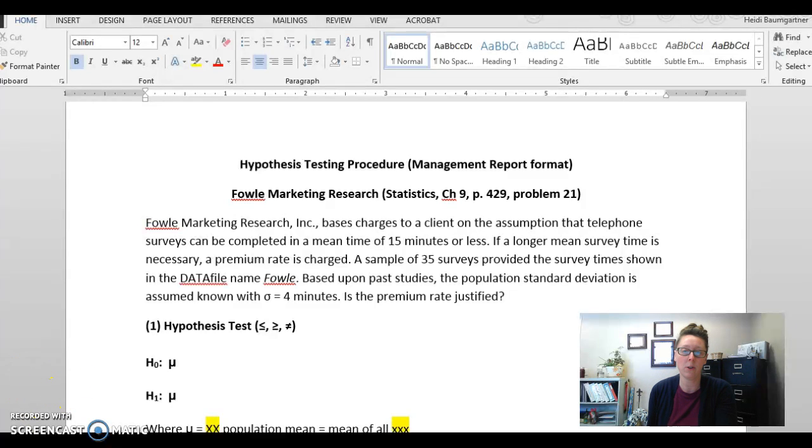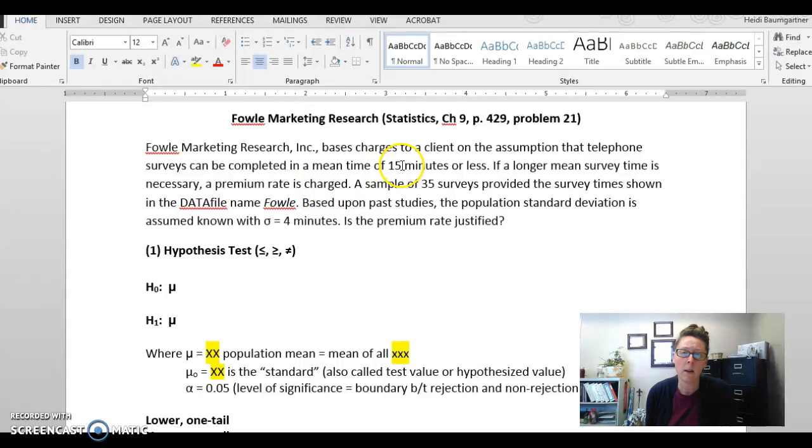So we are going to first start looking at the information given to us. The mean time is 15 minutes or less, so it's going to be something to do with 15. If a longer mean survey time is necessary, a premium rate is charged.